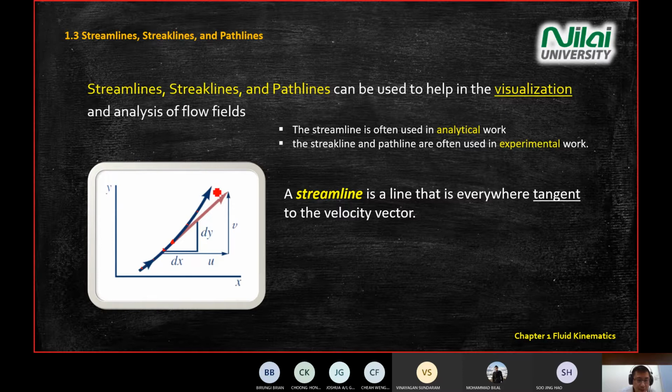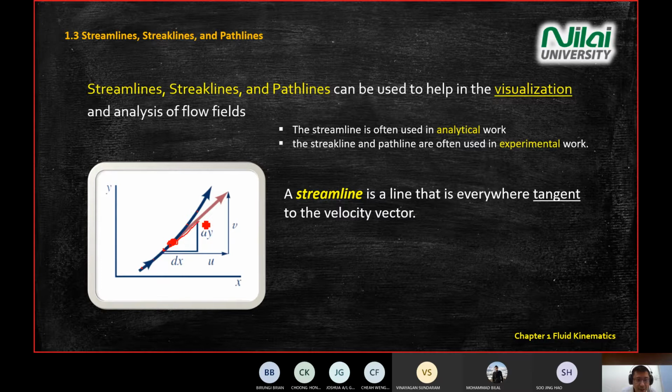So the blue line that you see on the screen here, the blue arrow and curve, this is a streamline. All the points on the streamline consist of a velocity vector component which is tangent to the curve. For example, this dot here, I just enlarge it.